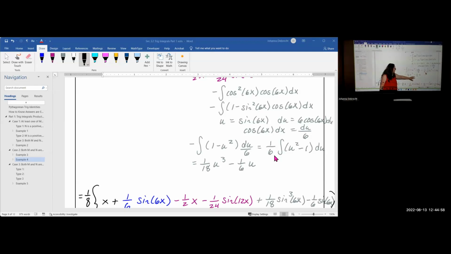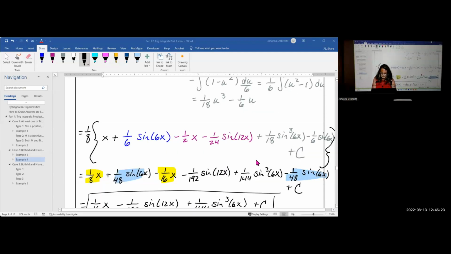When we're done, we're left with 1/18 u cubed minus 1/6 u, yes, with a plus c, but we have plus c's on all of these integrals, so we're going to roll them all together into one great big plus c. Going backwards to our u, it was sine of 6x. So we have 1/18 sine cubed of 6x minus 1/6 sine of 6x. And then we can stick the plus c on the end of it.